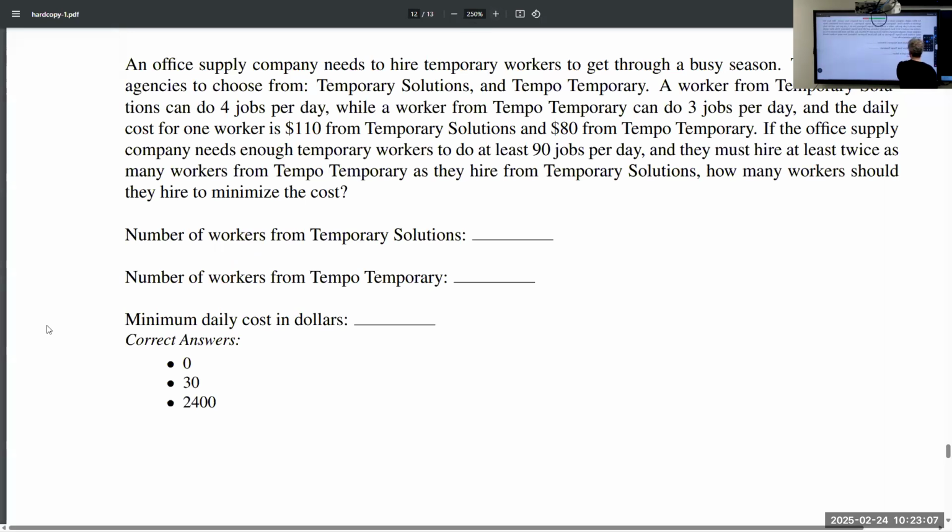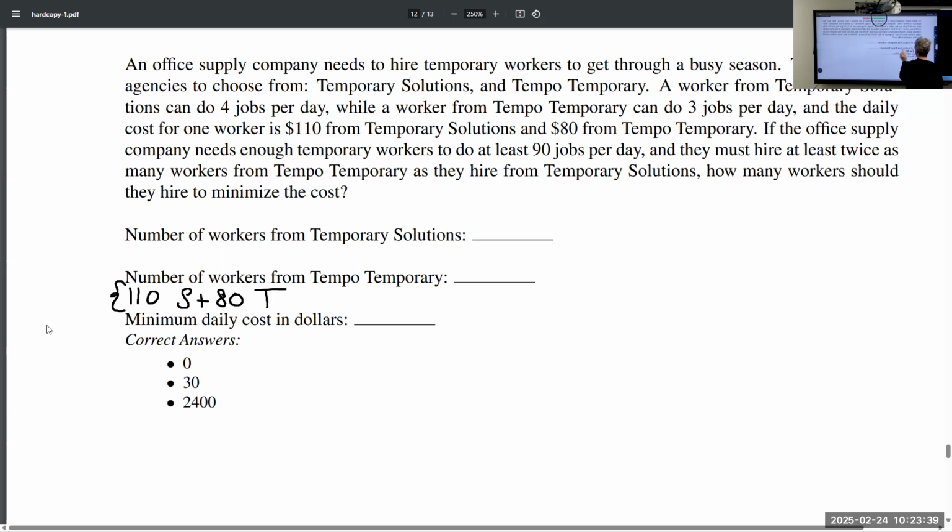So I'll say Solutions plus Temporary. Tempo Solutions, Tempo Temporary can do 3 jobs per day, and the daily cost for one worker is $110 from Tempo Solutions and $80 from Temporary.